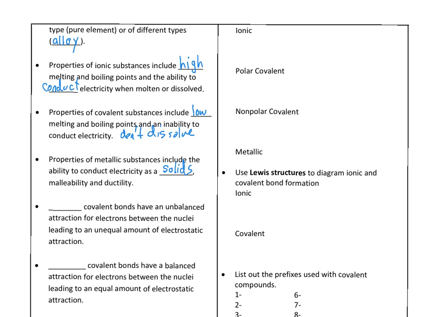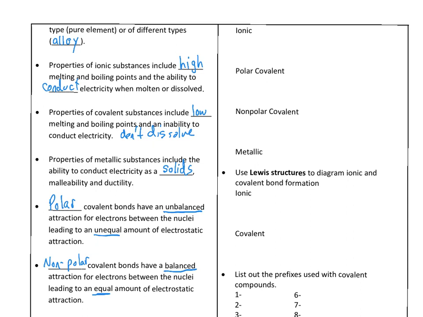And then these last two bullet points, if we have an unbalanced attraction and an unequal amount, that was our polar covalent. But if I have a balance here and I am equal, that is my non-polar covalent.